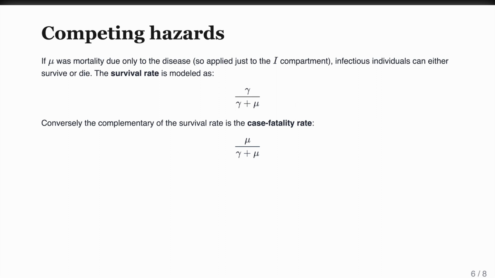And this allows us to compute the so-called survival rate, which is simply gamma, which is the normal course of the disease, over gamma plus mu, which is the infection-related mortality rate. Conversely, if we take the complementary of this, we can get the case fatality rate, which is mu over gamma plus mu.